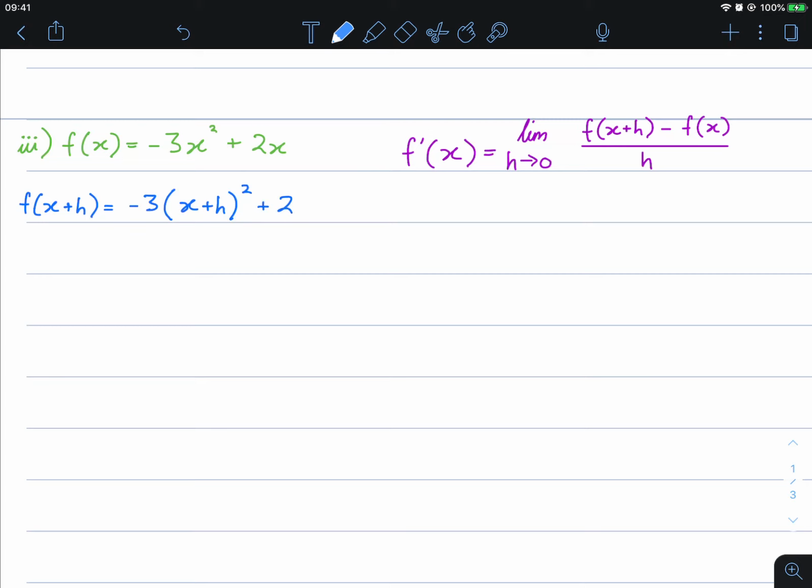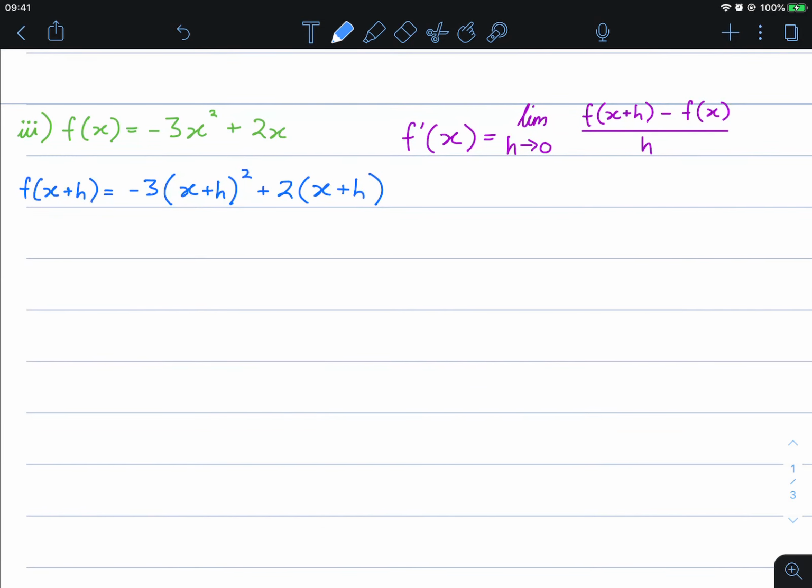So this becomes 2 bracket x plus h. Expanding these, we are left with negative 3, square the first, square the last.